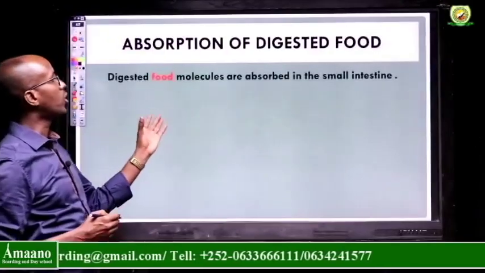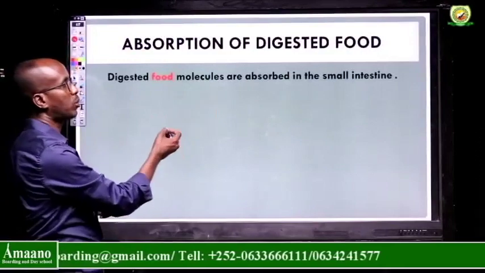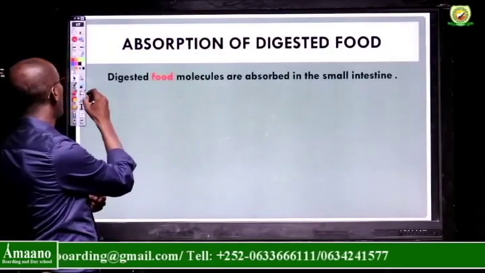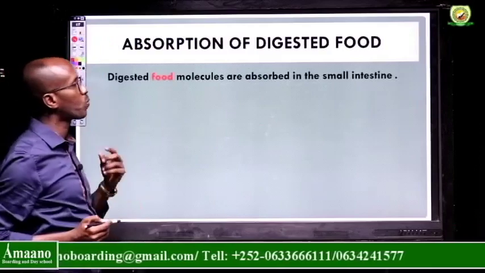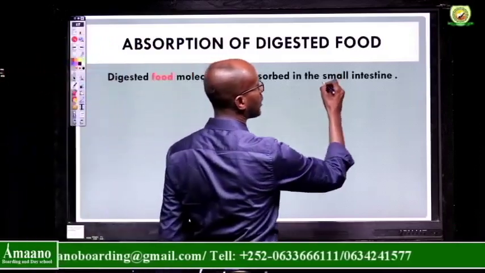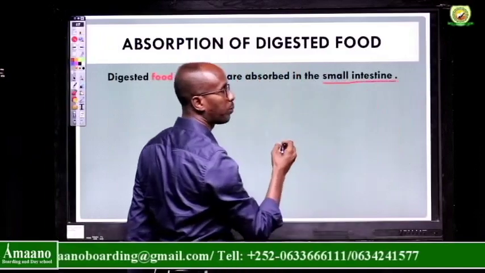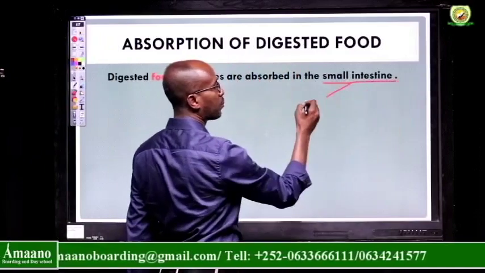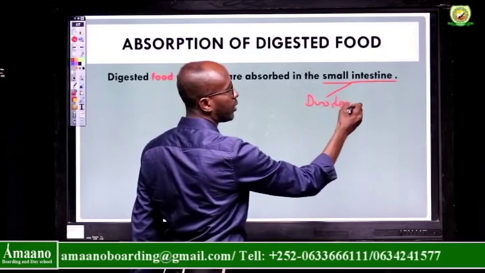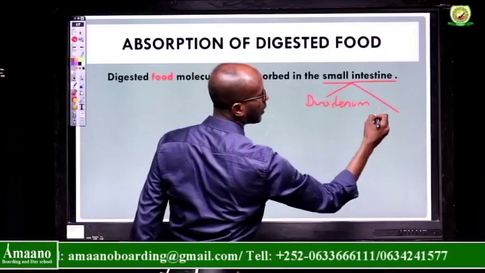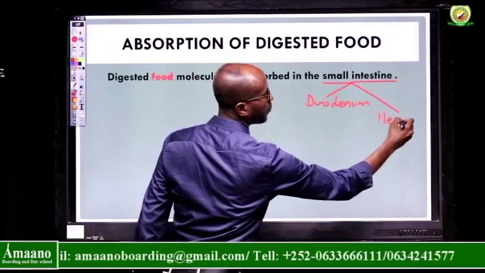Digested food molecules are absorbed in the small intestine. The small intestine has two major parts. The first part is called the duodenum, and the second part is called the ileum.